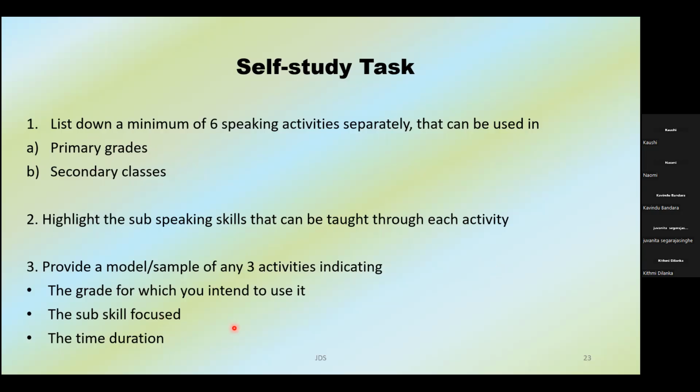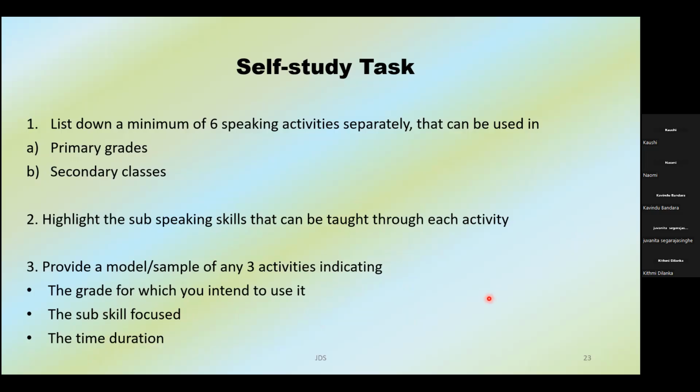And for the third one, provide a model. That means if it's storytelling, then we have to give all these 3 points. You have to mention the story. If it is the Fox and the Grapes, you have to mention the title Fox and the Grapes. Write that fable, and under that you need to mention the grade, sub-skill and time.